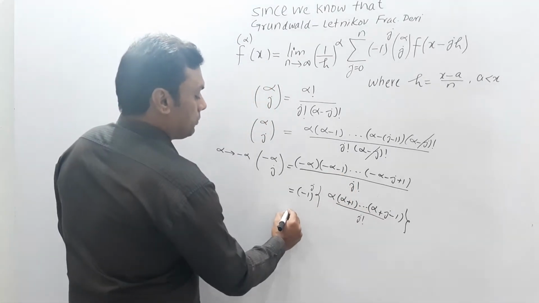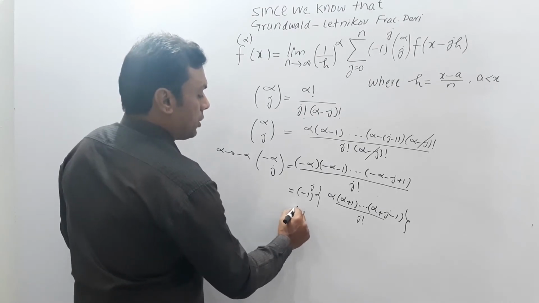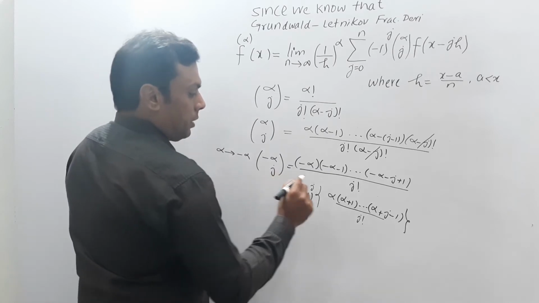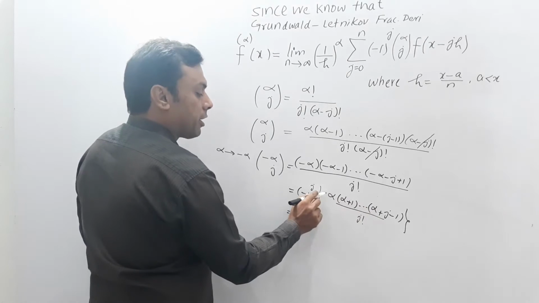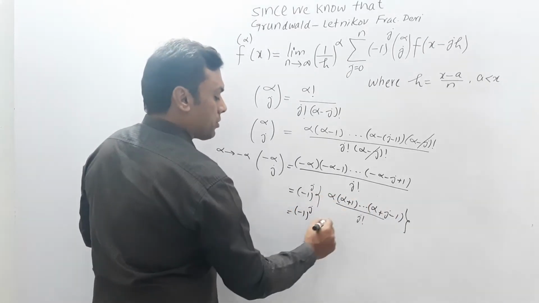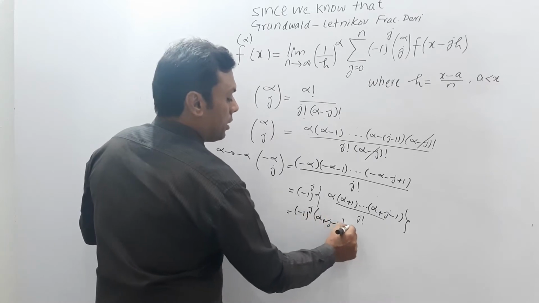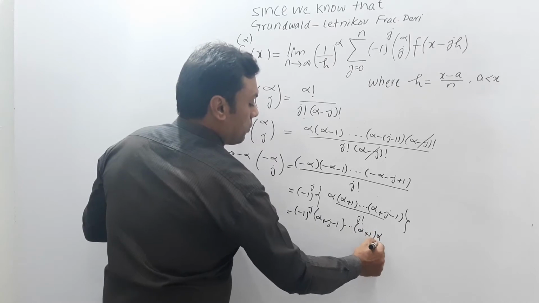Now this becomes minus 1 to the power j, and if I switch the order of multiplication, instead of writing from this side I can write from that side. This becomes alpha plus j minus 1, and so on till alpha plus 1, into alpha, whole over j factorial.